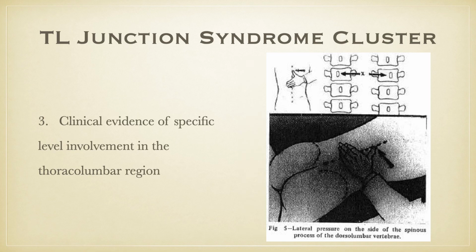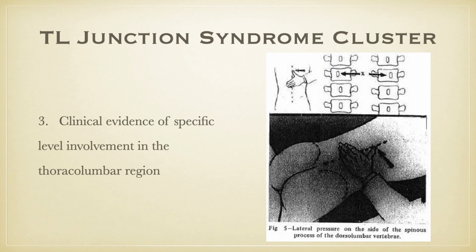Sorry, here's where some of the scanning got a little difficult. But what you see next is evidence of specific involvement in the TL junction region. You can see in the upper part of the picture, Maine was using his thumbs in particular to apply a lateral translatory force on the side of the spinous process.